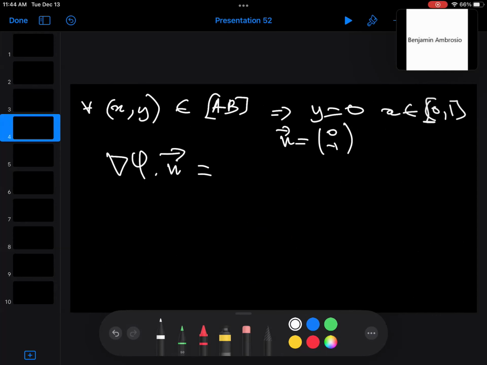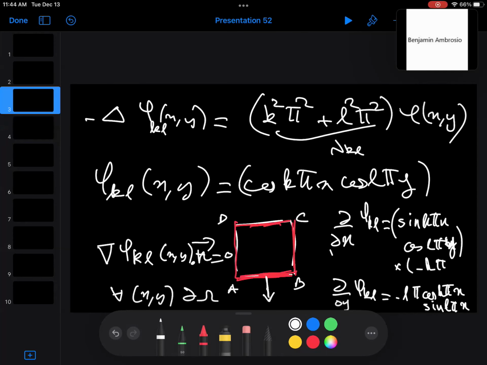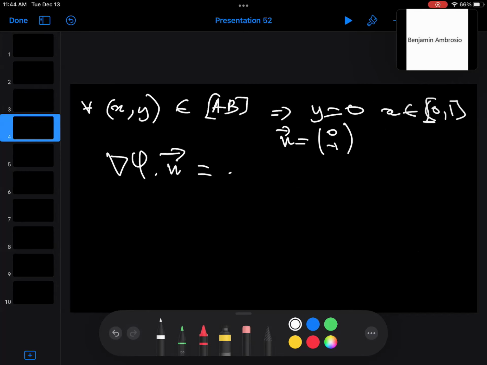Okay, so I don't need this because I have to multiply by 0, and I get minus L pi cos k pi x sine L pi y, but this is 0. So this is 0.